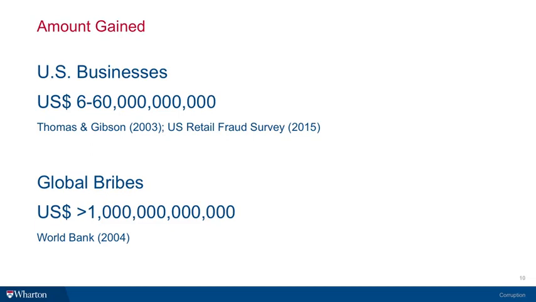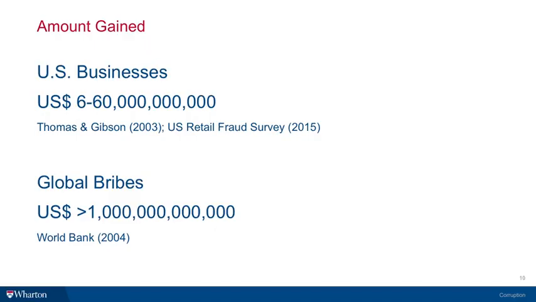$6 to $60 billion. That's a pretty wide variance, and part of the variance is due to the decade that separates the really good studies that have been done on this. But another part of the variance is also due to better ways of getting at behaviors that people try to hide.